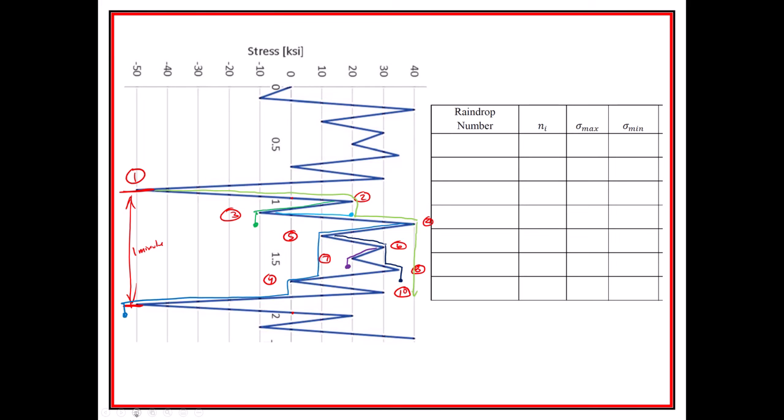Let's go to other colors. 7 gets stopped right here. 8, it can keep going, okay? Because 6 did not make it all the way down to 8. So 8 can keep going, but it gets stopped right there at the raindrop from 4.